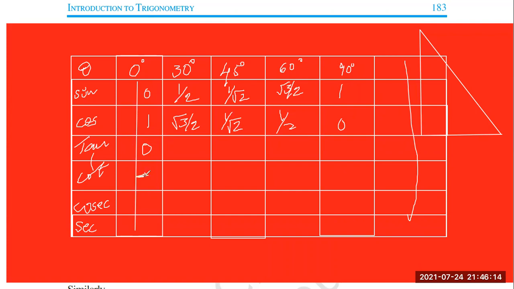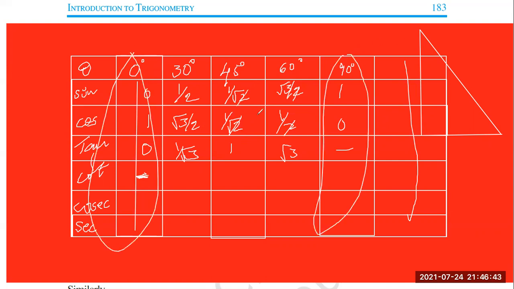Okay, so here you don't get any value, and then here 1 upon 2 upon root 3 upon 2 you will get here 1 upon root 3, which is tan 30, then tan 45 is 1, root 3 will get here, and this is not defined, and same here cot is also not defined. So like this you can fill all the values, but basically ये 90 degrees वाला and 0 degrees वाला part अपन discuss करेंगे, but other than that 30, 45, 60 degrees के values आप note कर सकते हैं.